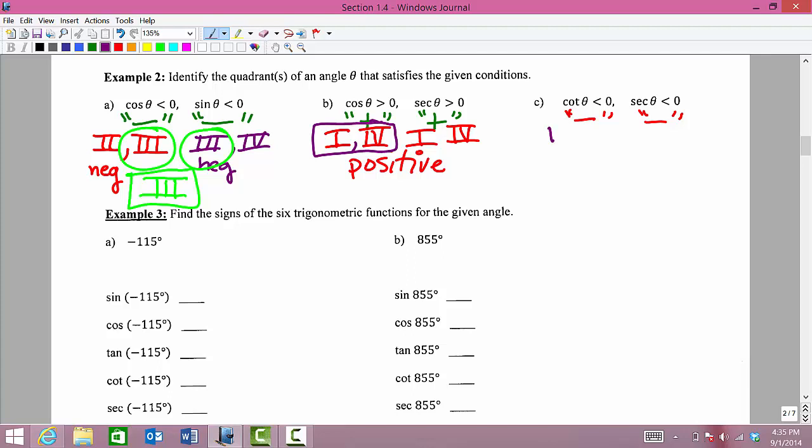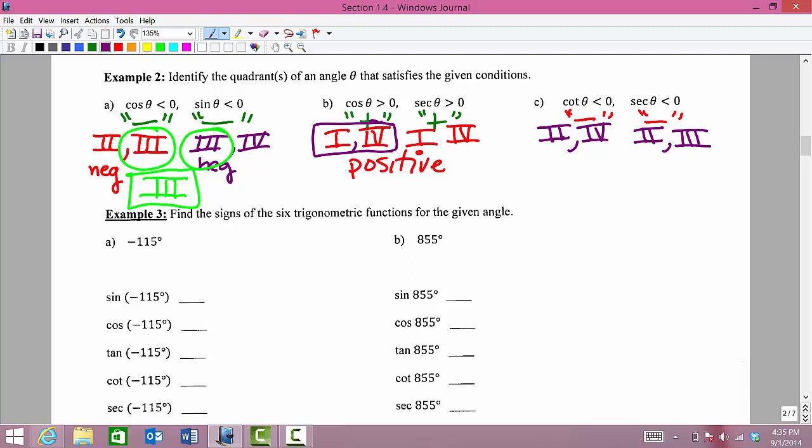So for cotangent to be negative, we're talking about quadrant 2 or quadrant 4. Secant is negative. Let's first describe where we know that it's positive. Well, we know that secant is positive in quadrant 1, and we know that secant is positive in quadrant 4. So for secant to be negative, we are describing either quadrant 2 or quadrant 3.